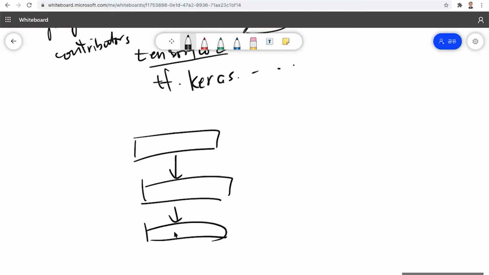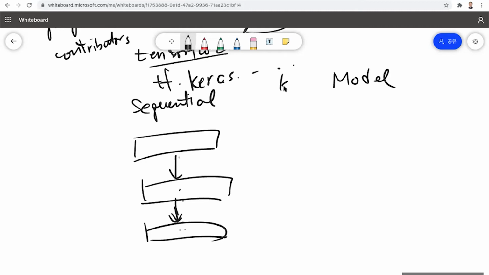That means the output of one layer goes to the input of the next layer, and the output of that layer goes to the next layer's input. That is how we define it in Keras. So it's called the sequential model, and this is the simplest way to define a model.